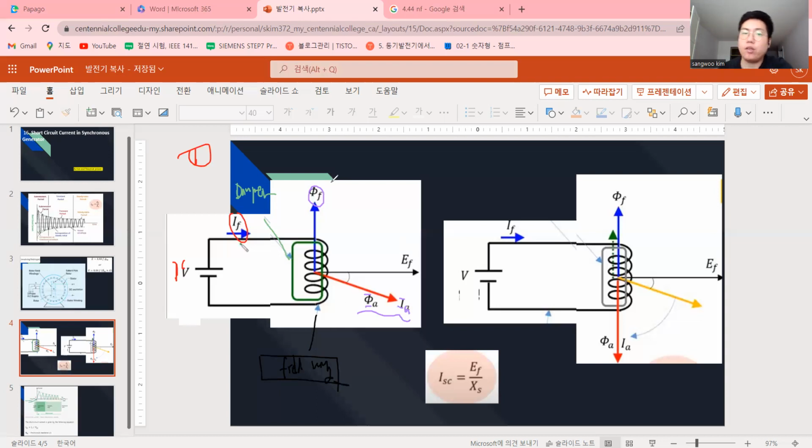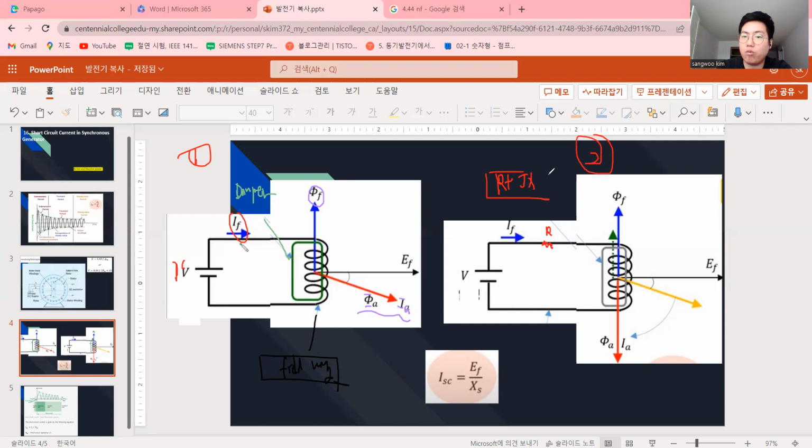But what happened in picture number two? Look at that. What happened here is because of a short circuit. Actually, there is a little bit of R and here is L, so it has to be R plus jX.